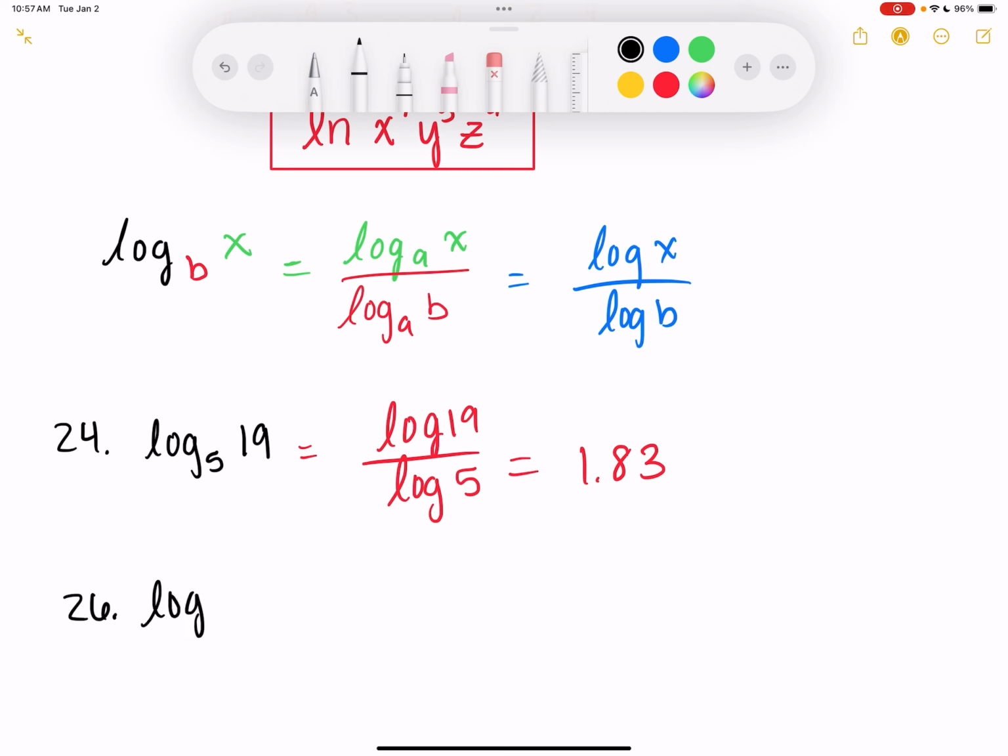26, log base 12 of 259. So that would be log of 259 divided by log of 12. While you put that in, sometimes the base is going to be a decimal. We've seen that before.